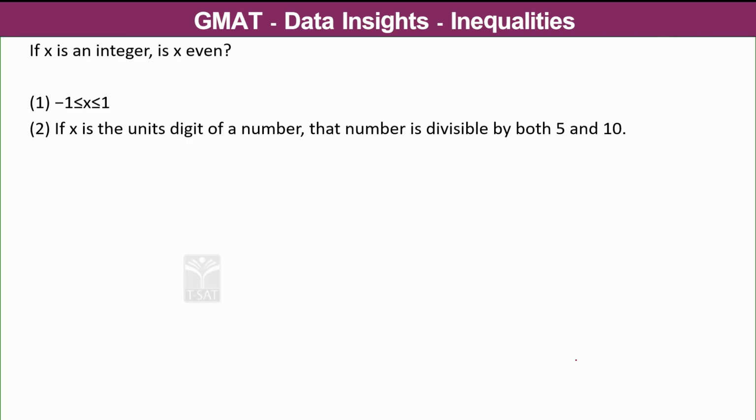If x is an integer, is x even? Statement 1: x is between minus 1 and plus 1 inclusive. So, x is greater than or equal to minus 1 and less than or equal to 1. The options here for x being an integer are that x can be minus 1, it can be 0 or it can be 1.